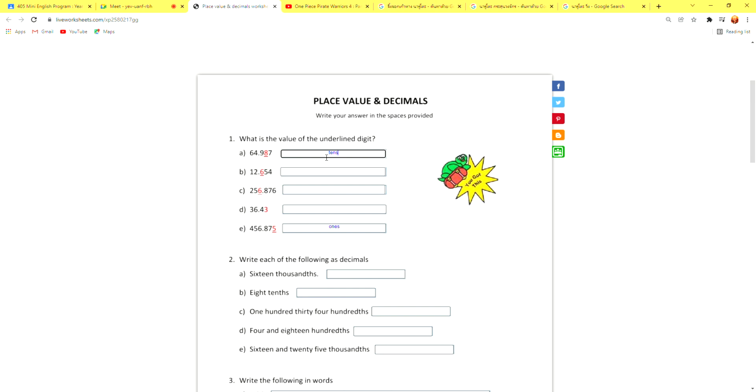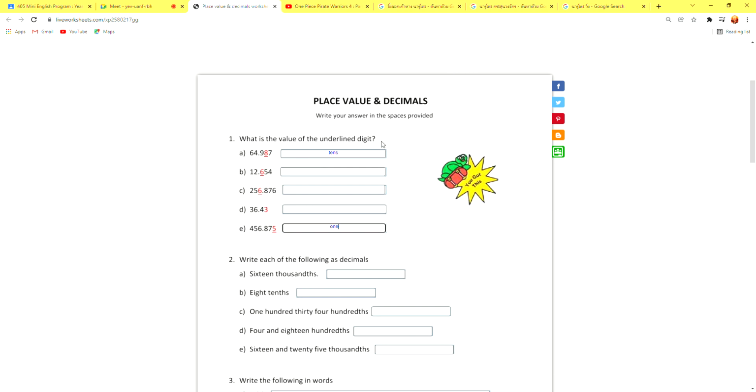Teacher, do we need to put THS? Let me see. Of course. Or just 100? In activity number 1, of course, put THS, right?